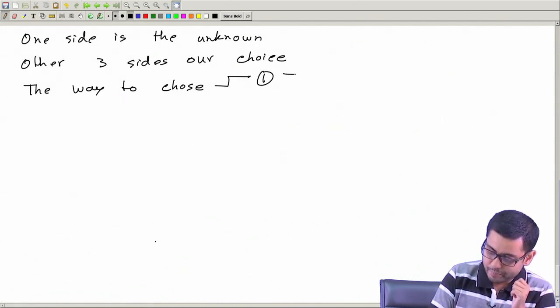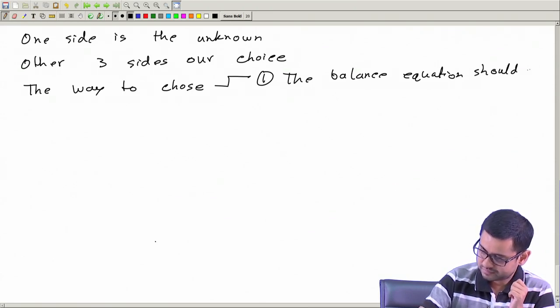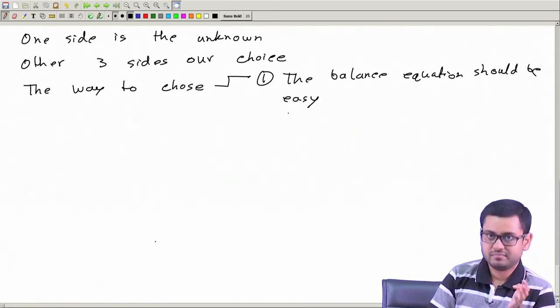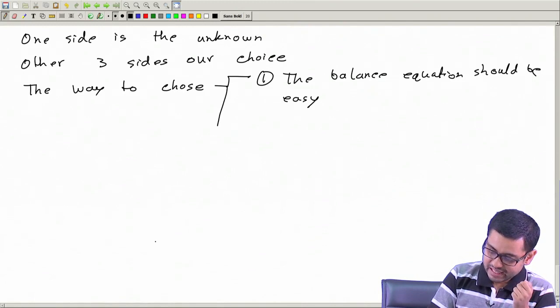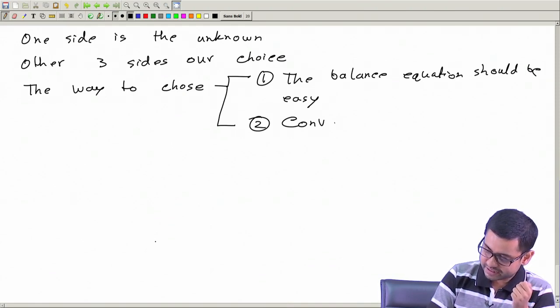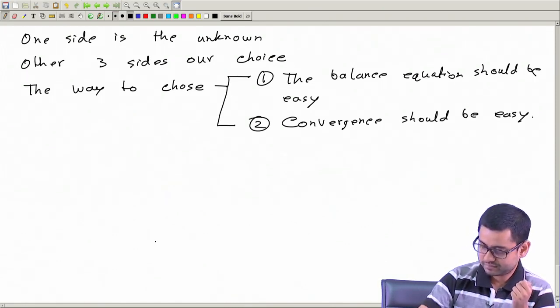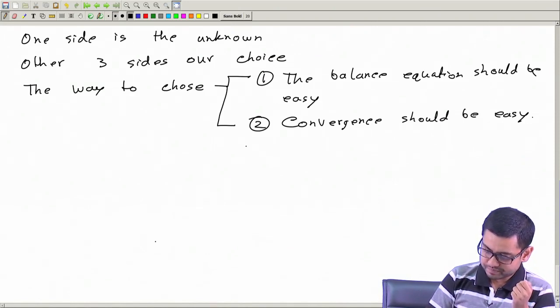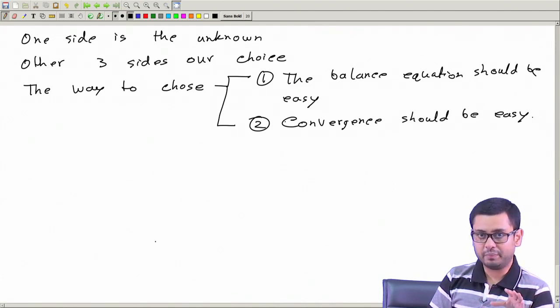Number one, the balance equation should be easy. I mean, we would like to have an easy looking balance equation. Another factor is convergence should be easy. Okay. So, we will understand both these factors with the help of examples.